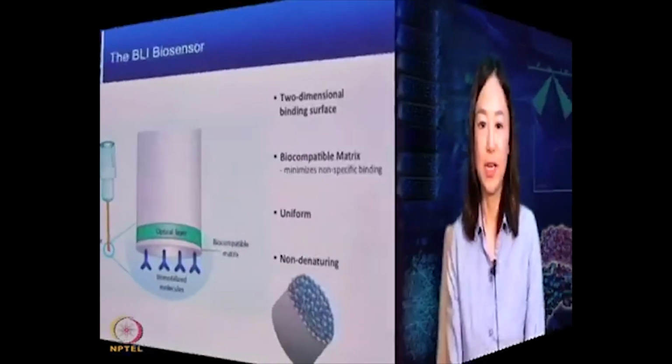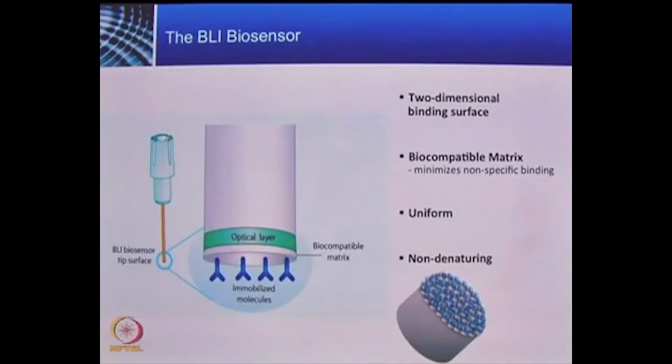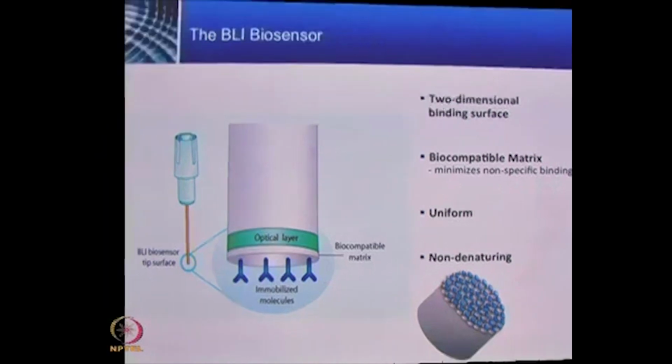The core part of the BioLayer Interferometry or BLI technology lies with the biosensor. If we take a close look at the biosensor, it is actually made of optical fiber. At the very end of the biosensor, there is a two-dimensional biocompatible matrix.